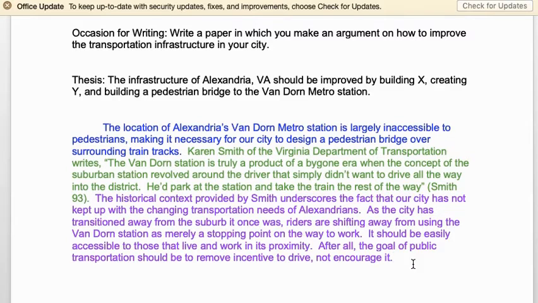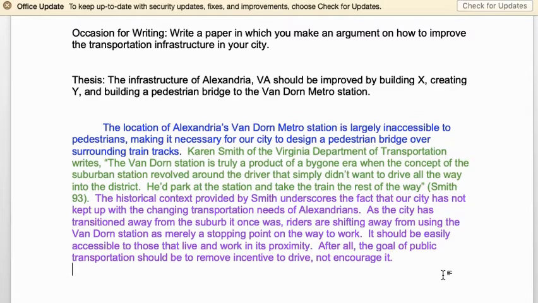You'll notice that the explanation here in purple is roughly 50 percent, or half, of the body paragraph, and that's what we should be going for. We don't want to just have point, illustration, point, illustration, point, illustration, because this is where we, the writer, come in and add something new to the conversation.